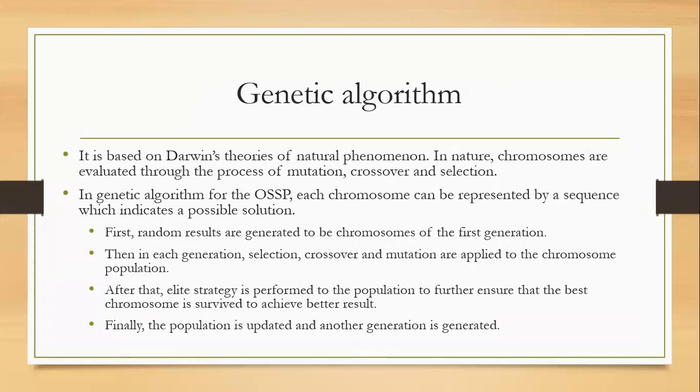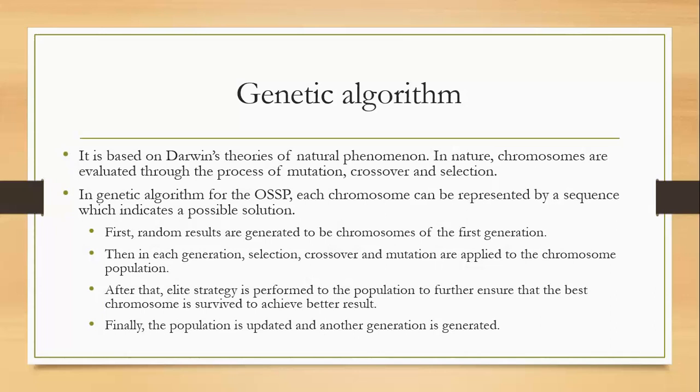Genetic algorithm. Genetic algorithm is one of the oldest algorithms. In genetic algorithm for OSSP, each chromosome can be represented by a sequence which indicates a possible solution. The whole process can be realized as follows. First, random results are generated to be chromosomes of the first generation.